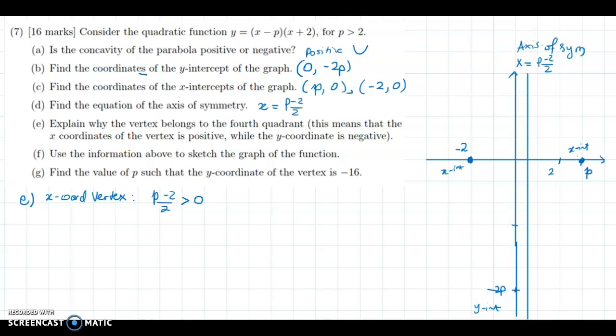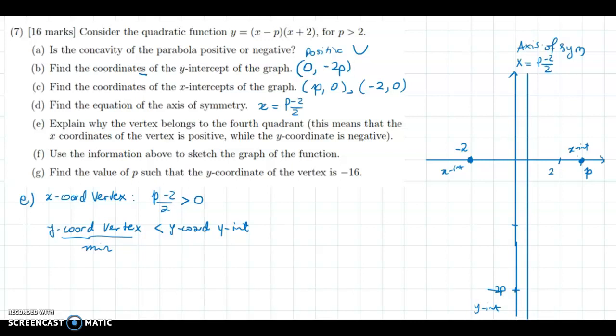Now, for the y-coordinate, let's see what we know. For the y-coordinate of the vertex, my claim is that this is less than the y-coordinate of the y-intercept. Okay, why is this? First of all, the vertex of this parabola, because it's a parabola with positive concavity, is going to be a minimum.